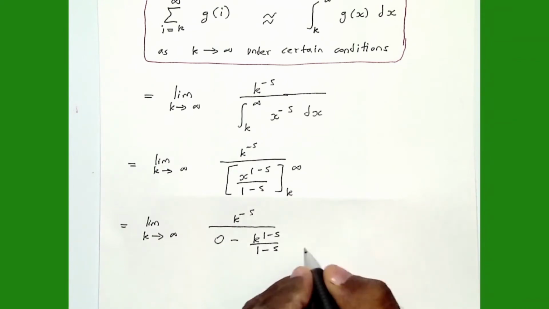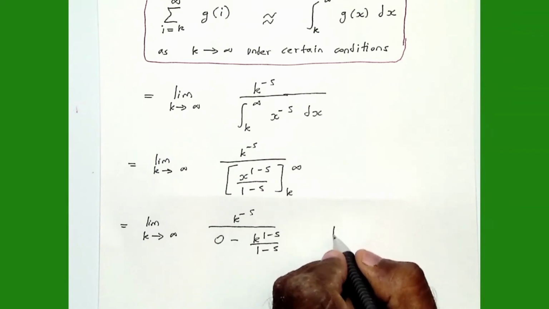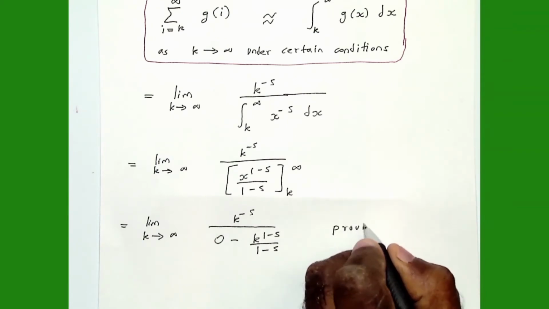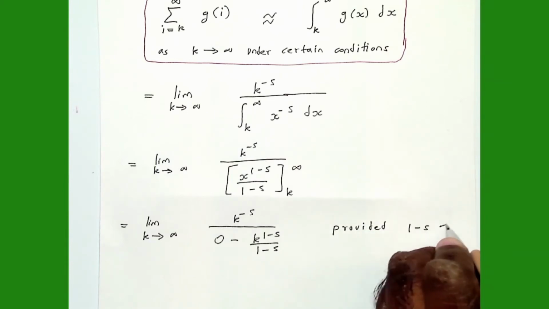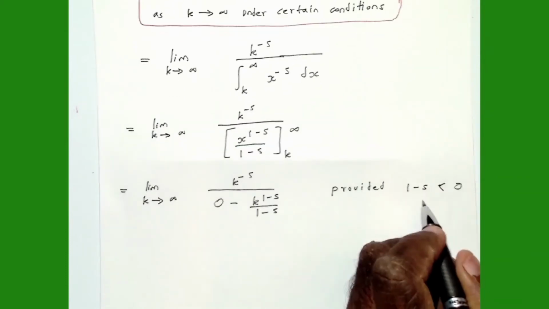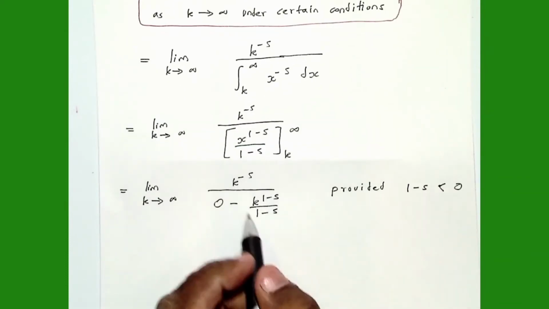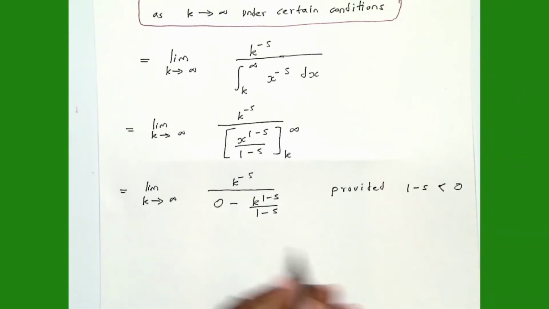It is 0 only if, assuming, that 1 minus s is less than 0. So in other words, we need to assume that s is greater than 1 for the limit to be equal to 0 at infinity. If this is not true, we can't do the question.